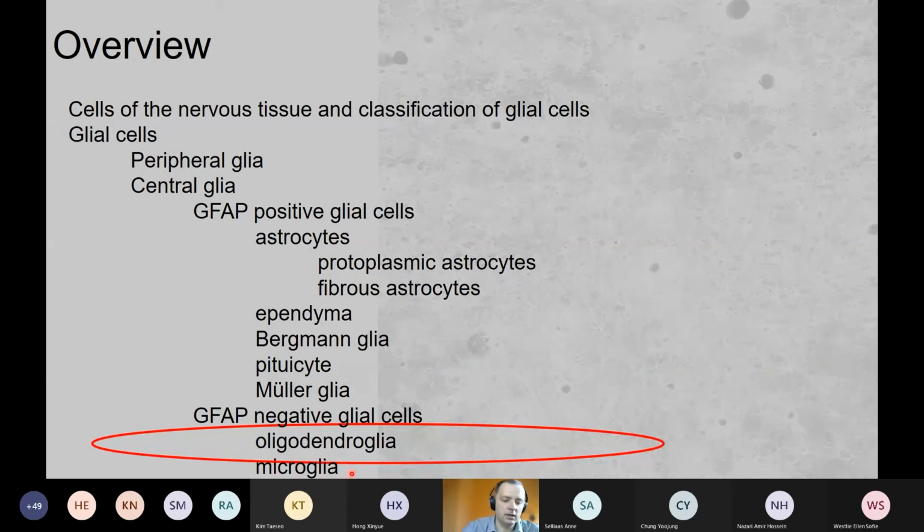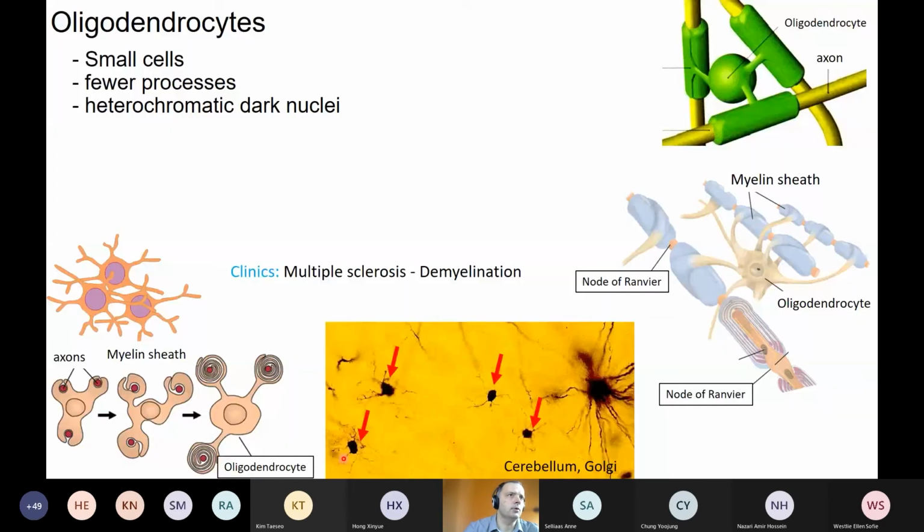So this kind of classification is somewhat misleading. Therefore, I would suggest to skip it and say instead we have the GFAP negative glial cells with two groups, oligodendroglial cells and microglial cells. In some books you will find this classification. It is already outdated, and we don't suggest to use it anymore.